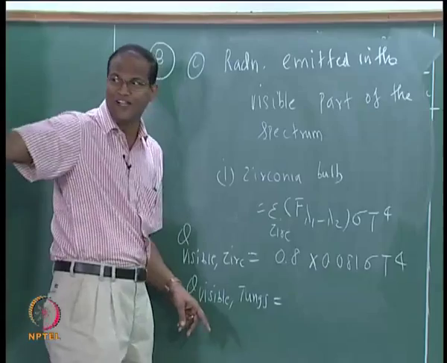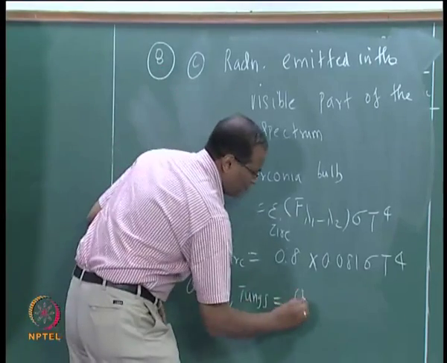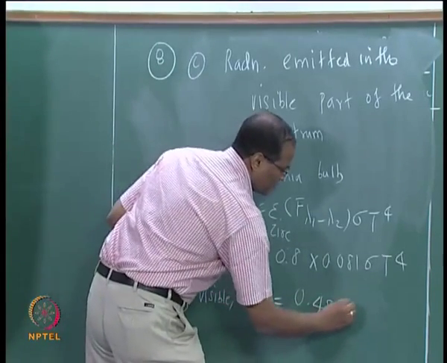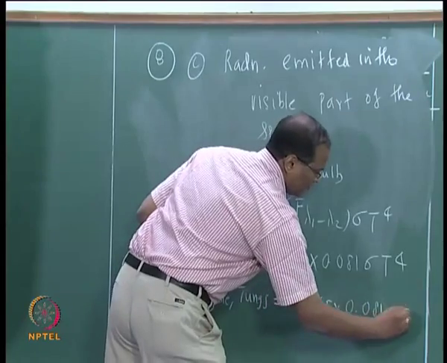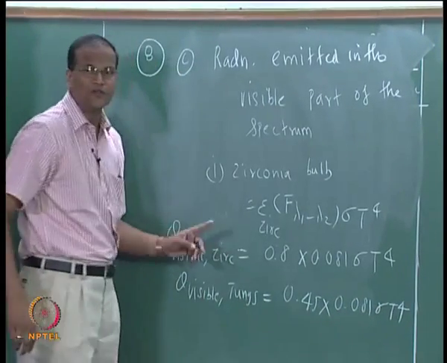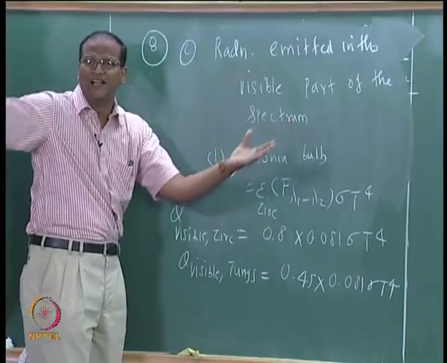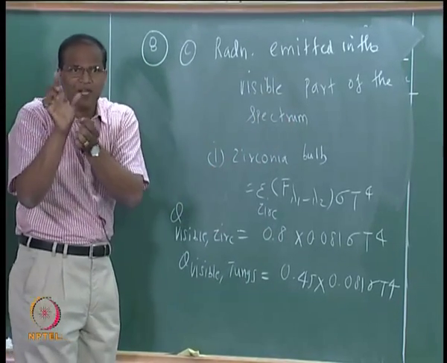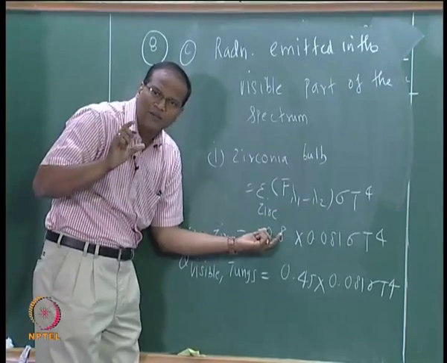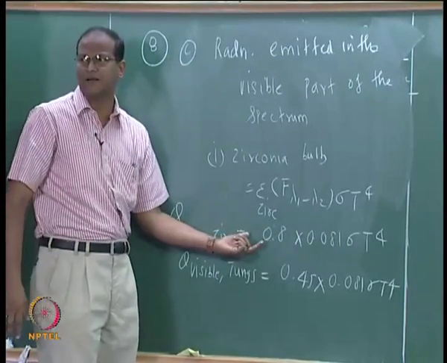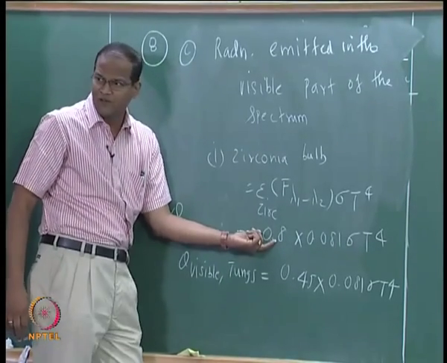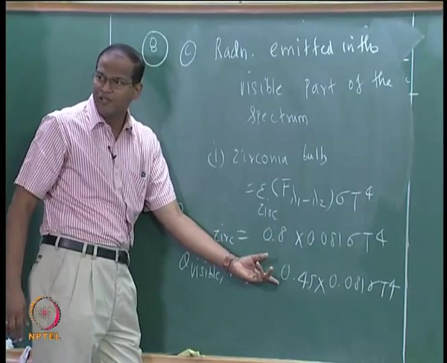Just hang on. Sorry for the small slip. This formula is correct, but I cannot put the total emissivity for the whole thing. I should insert the value of emissivity corresponding to the visible part of the spectrum. So it is 0.8 for the zirconia filament, but it is only 0.45 for tungsten.